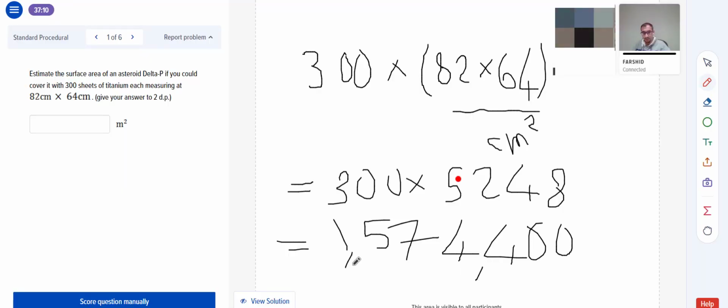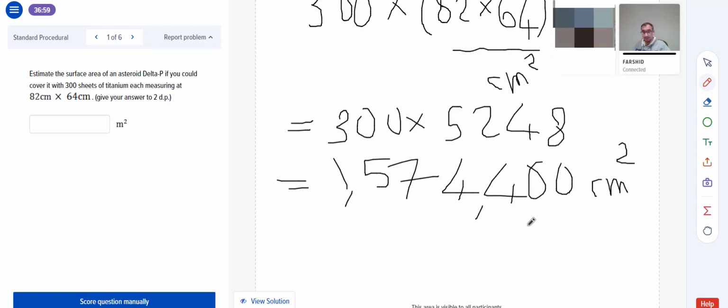So you will have 1,574,400 square centimeters. But we need something in square meters.